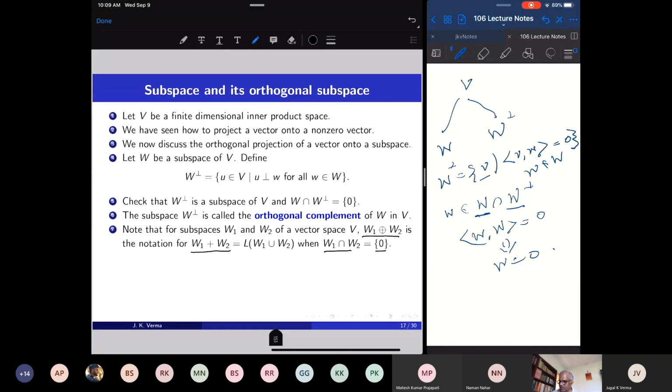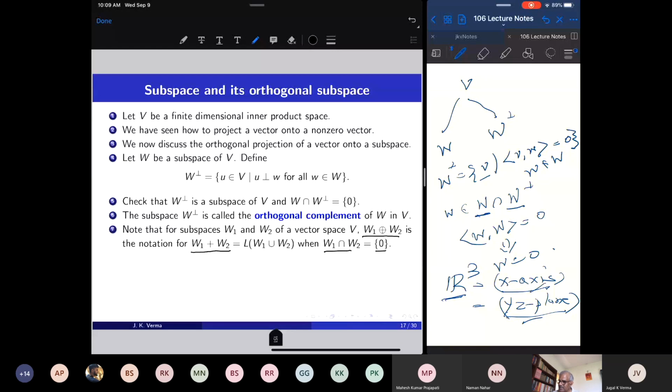So for example, R3 is the direct sum of the x-axis and the YZ plane. The YZ plane is 2-dimensional, the x-axis is 1-dimensional, and every vector in R3 is a sum of one vector in the direction of the x-axis and a vector in the YZ plane.